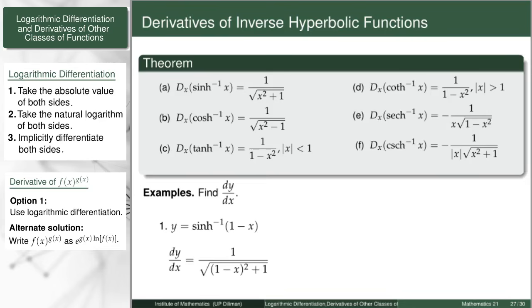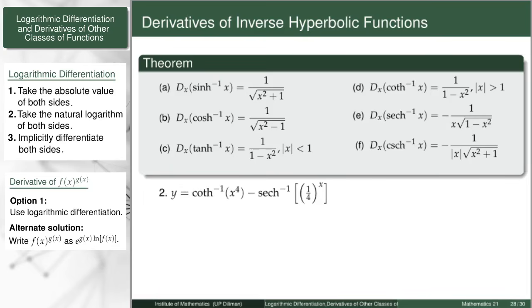So I'll have 1 over the square root of, I'll replace x with 1 minus x, and then I differentiate whatever I placed inside, or the 1 minus x, that's a negative 1. In terms of application, we don't have that much difficulty. It's a matter of recognizing what function you're differentiating and just applying the formula well.